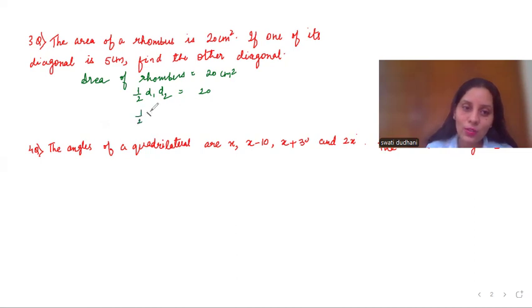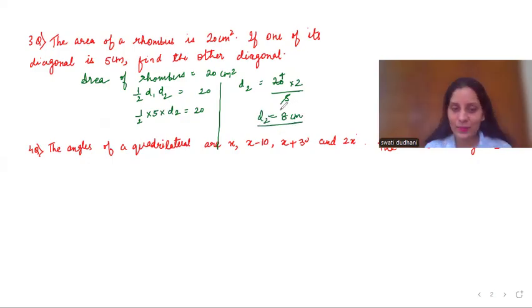So half into, let us take D1 as 5, into D2 is equal to 20. So from this I can write D2 is equal to 20 into 2 divided by 5. Now 2 is dividing on one side, it multiplies on the other side, and 5 is multiplying on one side, it divides on the other. So 5 fours are 20, so 4 into 2, 8 centimeters is the second diagonal.